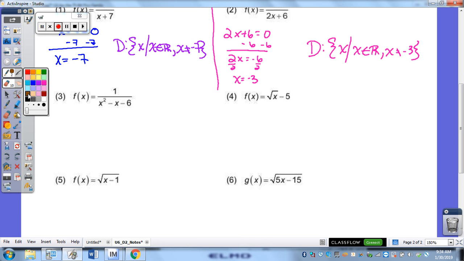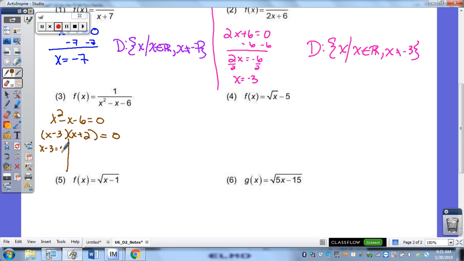So let's try our third one. Again, still a fraction. So I'm going to set my denominator equal to 0. Only difference this time is my denominator is quadratic, so I'm going to have to factor. So x and x gives me x squared. What multiplies to 6, but will give us a 1 in the middle? 3 and 2, so negative 3, positive 2. That's how I'm going to get my negative 1 in the middle, negative 3 plus 2.